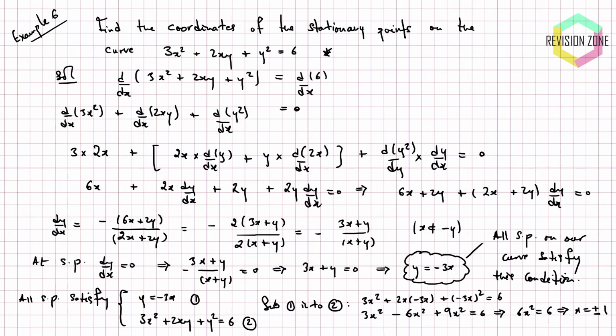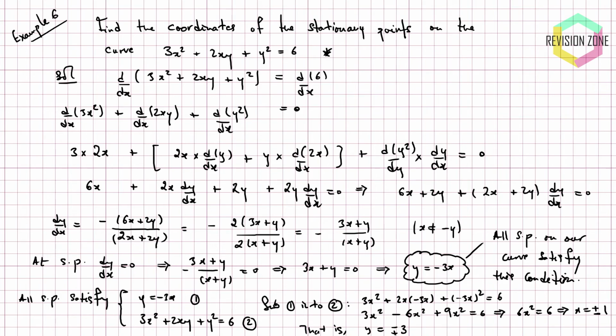Right, so now that we actually have a solution for x, we can get a solution for y just by going to that. So when I put 1 in there, I get y equals negative 3, and when I put negative 1 in there, I get y equals positive 3. So that is y equals negative and positive 3 respectively, right? The signs here, they do matter. So for the positive x value, I get the negative y value, and for the negative x value, I get the positive y value.